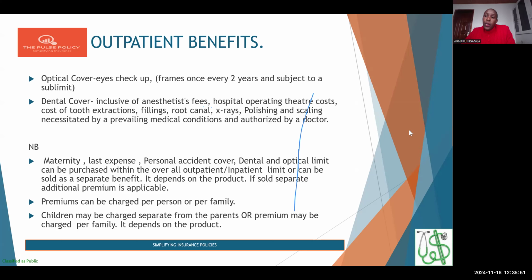So in every 2 years, you can only purchase those frames once. So you cannot purchase frames every year. Those frames, when you purchase them, you're going to use them for 2 years. Again, they have a sub-limit. You're going to find maybe the insurance company has given frames a limit of 15,000, 20,000. So if you choose frames which are above the limit that is given, then you have to cover that cost from your pocket.